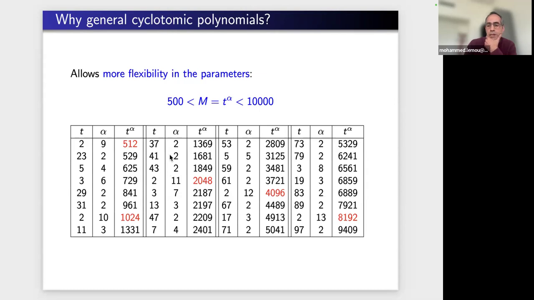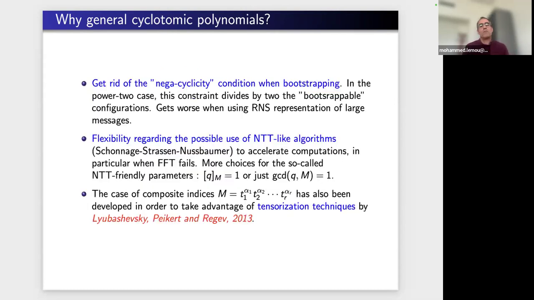Now, there are many other advantages to using more general cyclotomic polynomials. For example, in the bootstrapping process, especially when you are working with FHEW or TFHE, you have the so-called negacyclicity condition. You cannot bootstrap any function of the message.